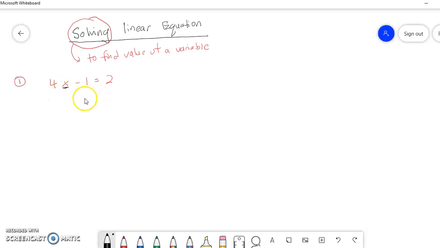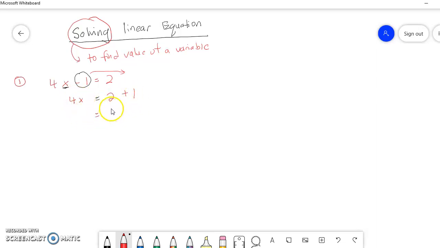Following my previous video, I have shown you step by step how to move the numbers to the opposite side. Here now we have -1. When we move the -1 to the opposite side, it changes to +1, and write your remaining 4x here.